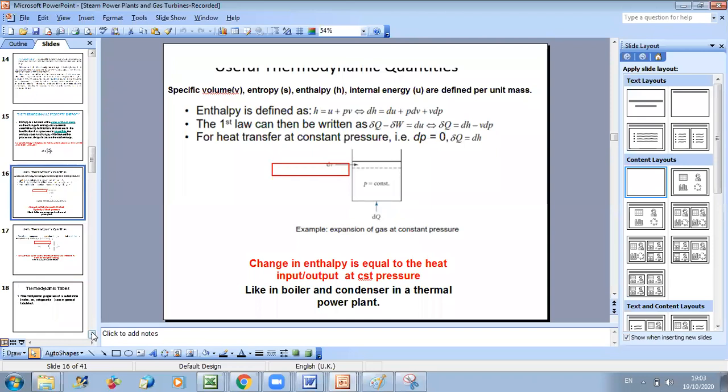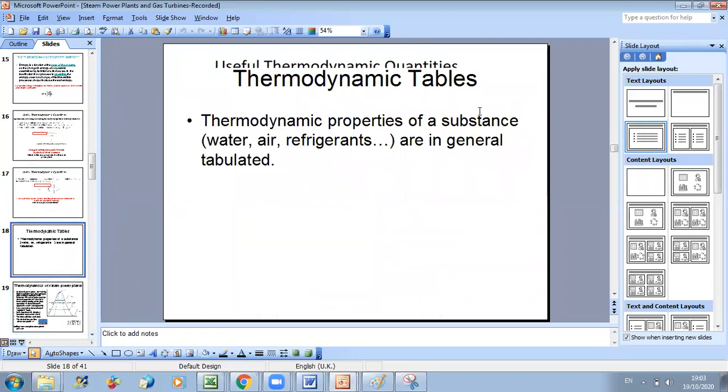Okay. So now, we talked about several thermodynamic properties, and in general, these properties are summarized in tables. So what we will do now, I will go a little bit over the thermodynamic tables, and we will learn how to use them in this course.